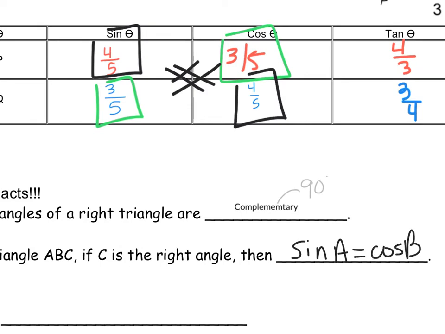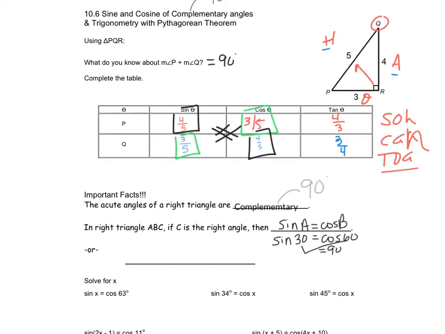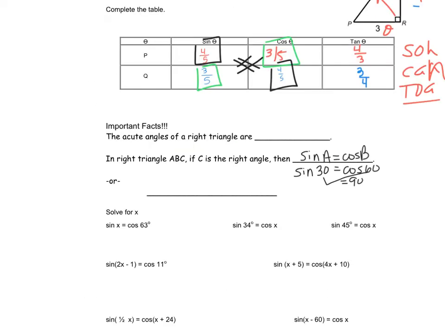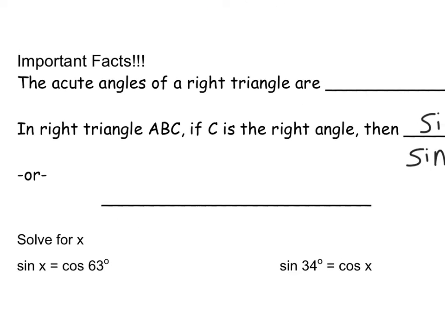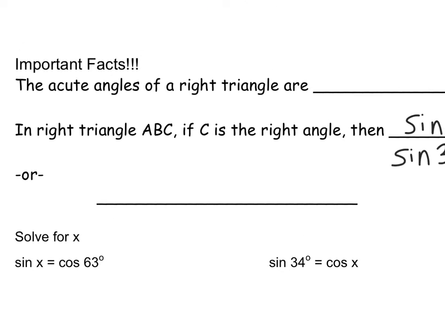So for example, here's an example I'm coming up with: sine of 30 is equal to the cosine of 60. And I get that by doing 30 plus 60 equals 90. Or, this actually pops up as a Regents question, I think like once every year.